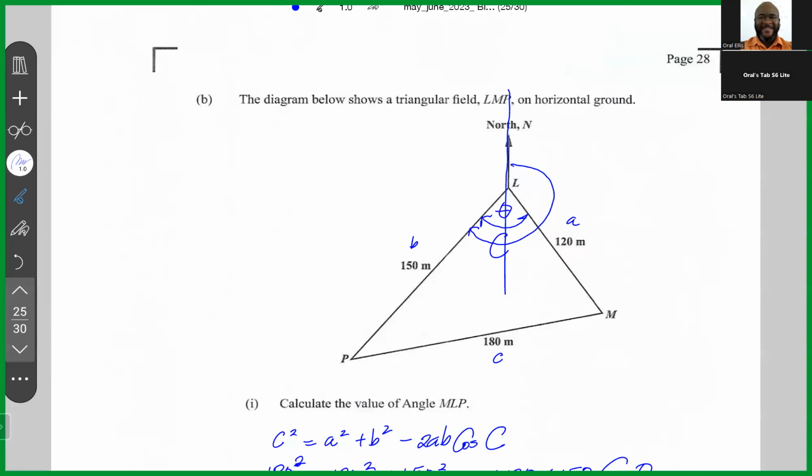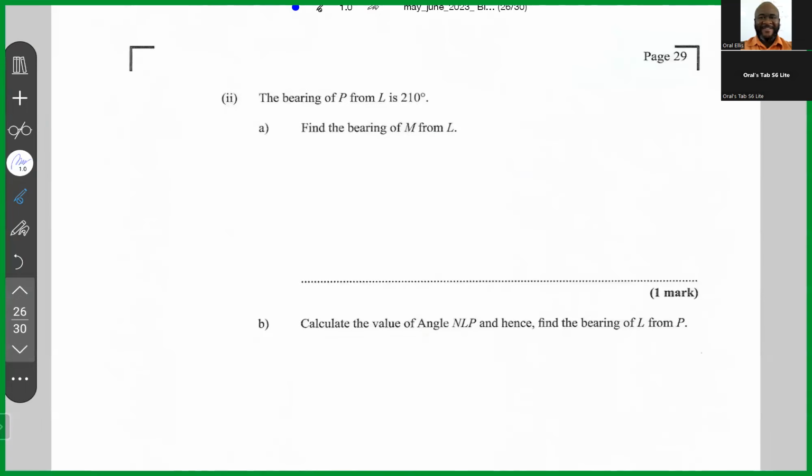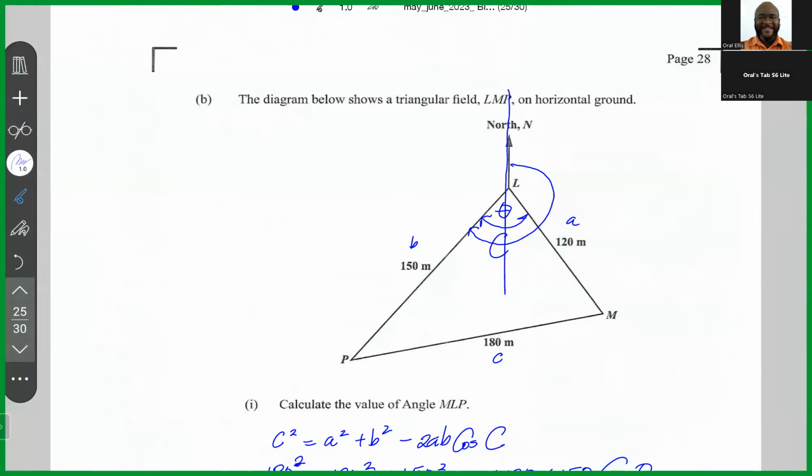So let's find out. We want that angle. We're also told that the bearing of P from L is 210 degrees. So this is 210 degrees. All right, so they were telling us that.